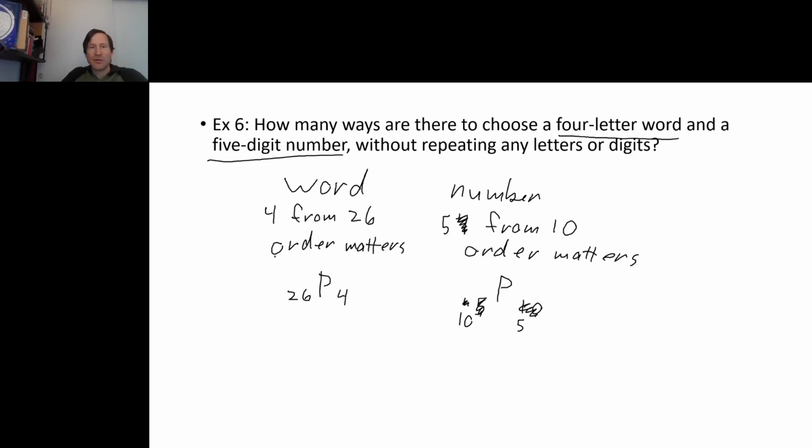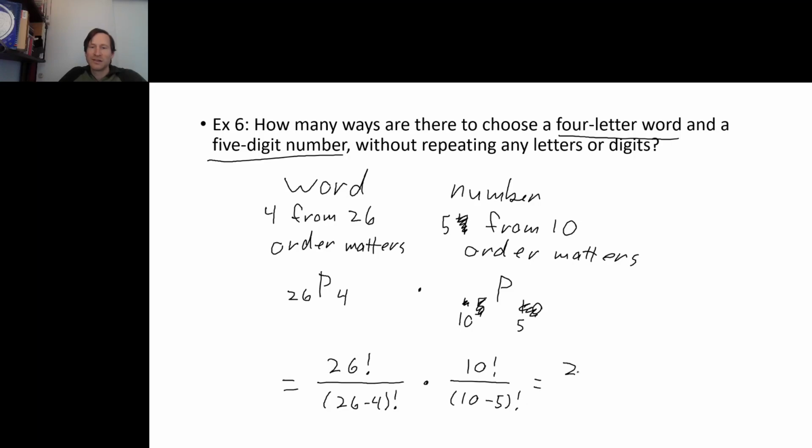Now, since how we choose the word and how we choose the number are independent from each other, we can just multiply these numbers of possibilities. So for our total, we get 26 factorial over 26 minus 4 factorial, times, for the number, 10 factorial divided by 10 minus 5 factorial.